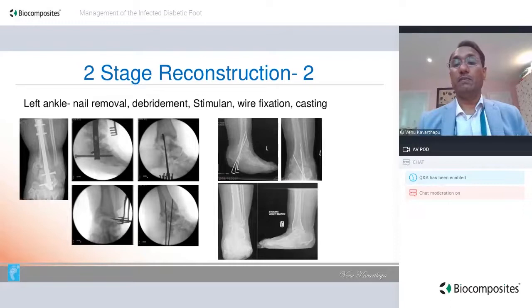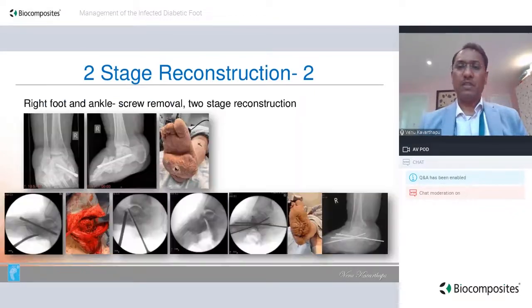So let's address the infected left hindfoot nail, and remove the metalwork, and again thoroughly debride and pack with STIMULAN on this occasion, again temporarily stabilized. But interestingly, she did develop a nice stable fibrous union, so that we didn't have to proceed with the second stage. Whereas on the right side, the metalwork was removed, and you can see the amount of debridement needed.